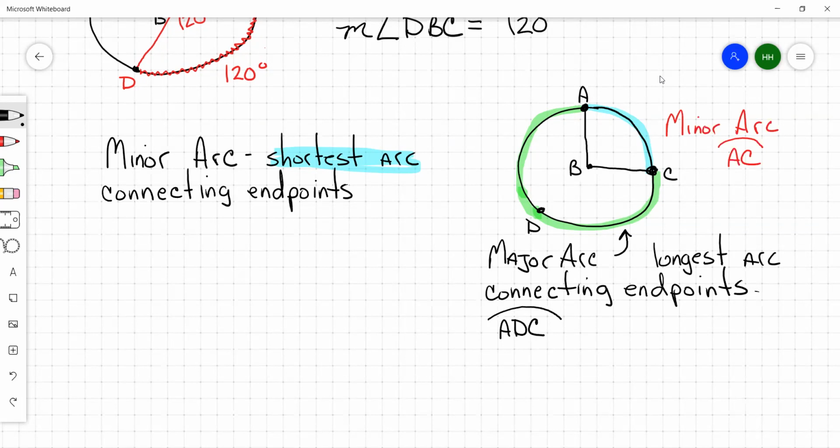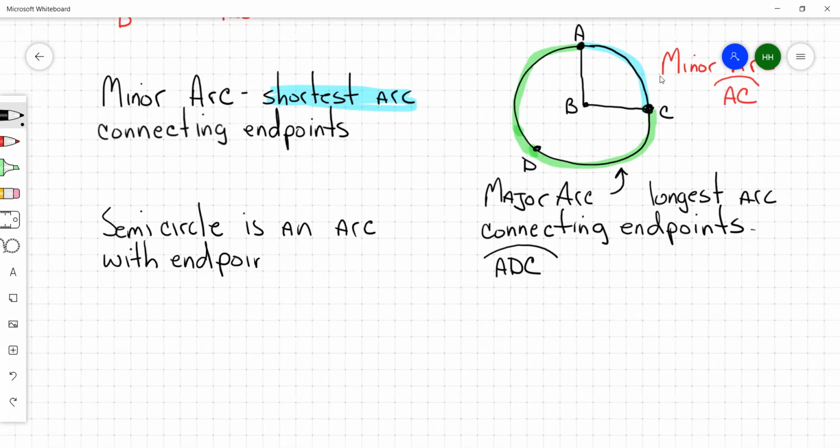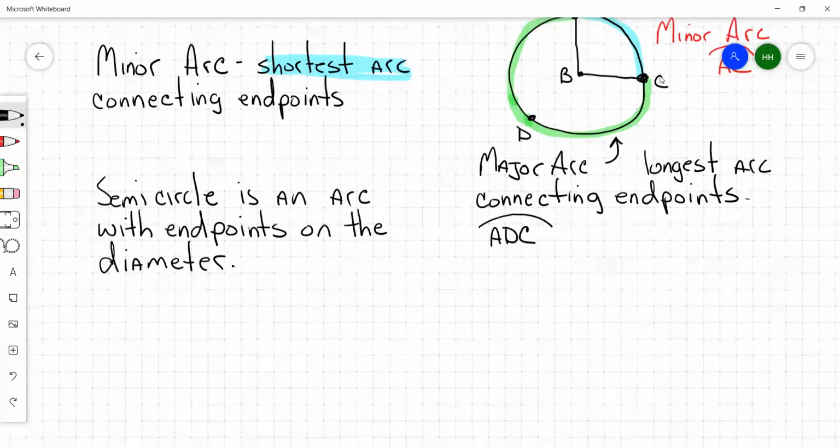All right, third type of arc is called a semicircle. A semicircle is an arc with endpoints on the diameter.